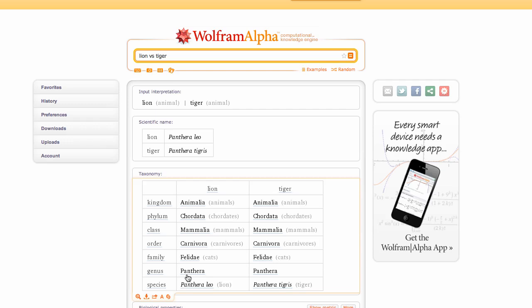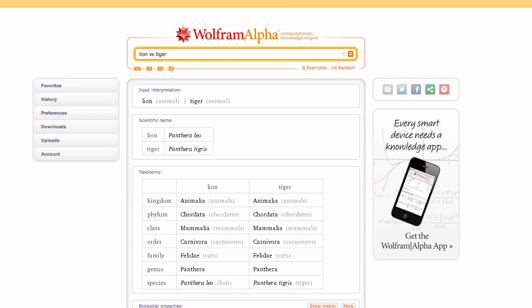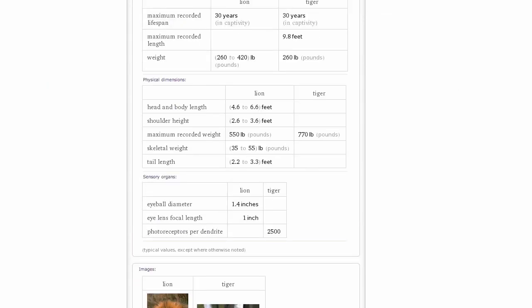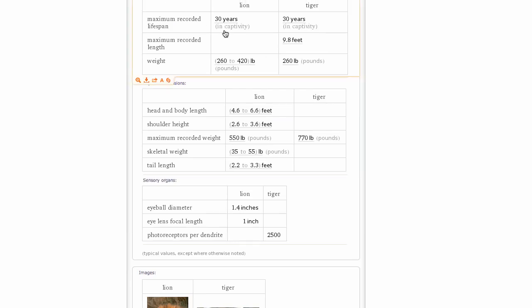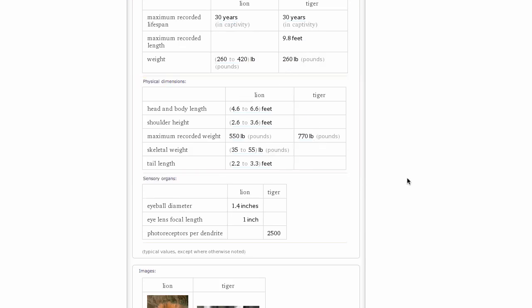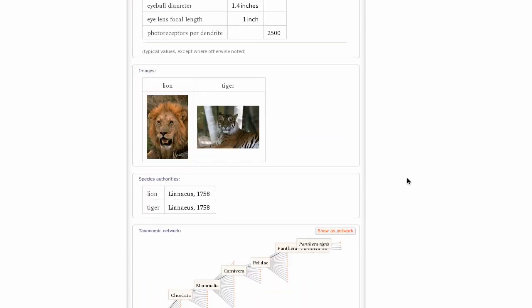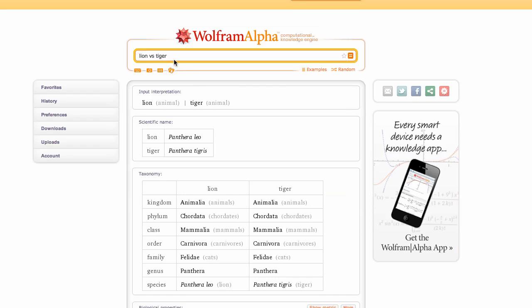They have the same genus, Panthera, but at the specific level, Leo is a lion and tigris, or tigress I should say, is the tiger. But they are very similar apart from that in terms of their taxonomy. And you can see that their maximum recorded lifespan is similar, etc. And so it allows people to do comparisons of various different things.